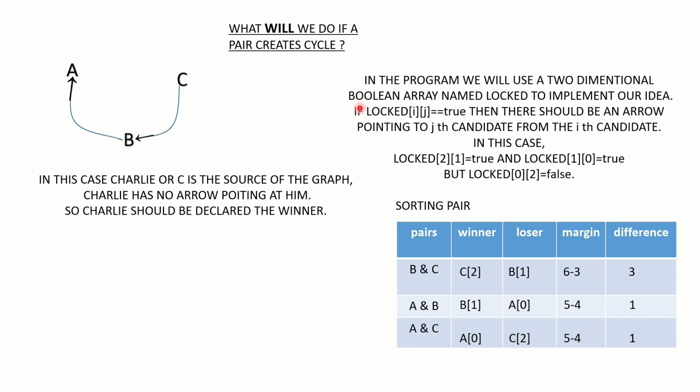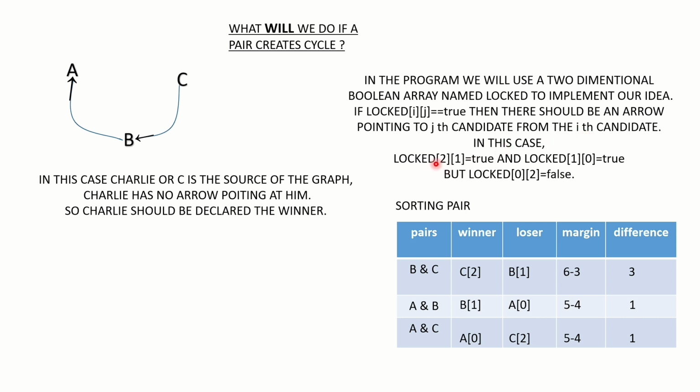So here is locked[i][j], and if locked[i][j] is true, then there should be an arrow from i to j, and here locked[2][1] is true. That's why an arrow is pointing from C to B. Okay, so here there should be an arrow pointing to the jth candidate from the ith candidate.